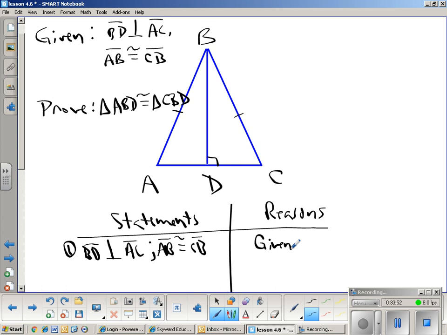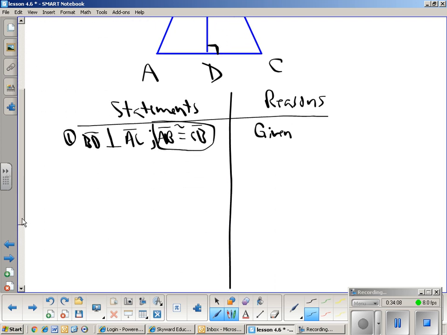Okay? So how many direct facts were in the given? One. Right? Just this one is a direct fact. It led directly to us knowing that's equal to this. The other one just said perpendicular. It says that this is perpendicular. Okay? So the question is, what does perpendicular lead us to write? What do we know if two segments are perpendicular? What's that mean? Actually, it means they're right angles. That's correct.